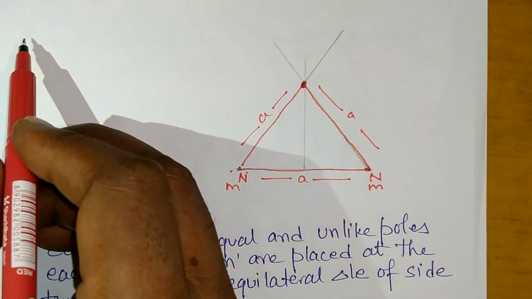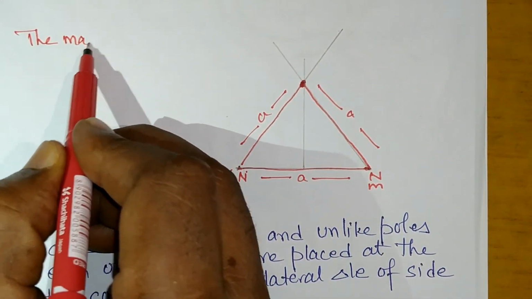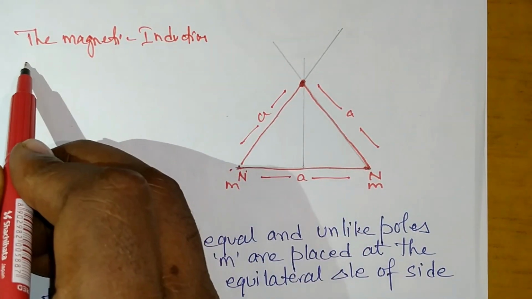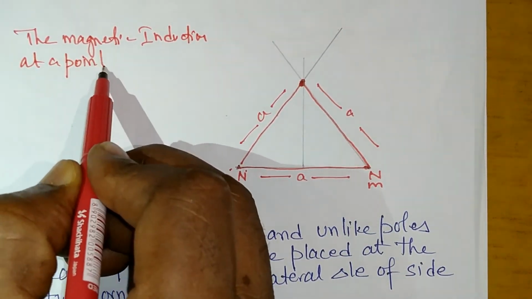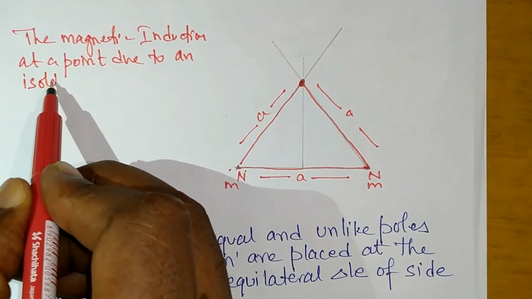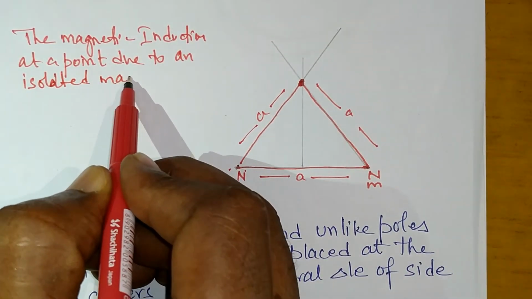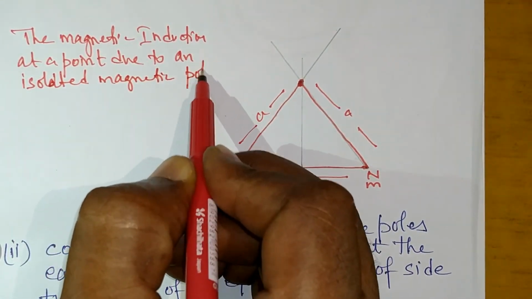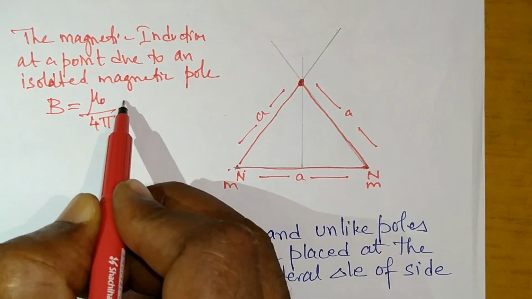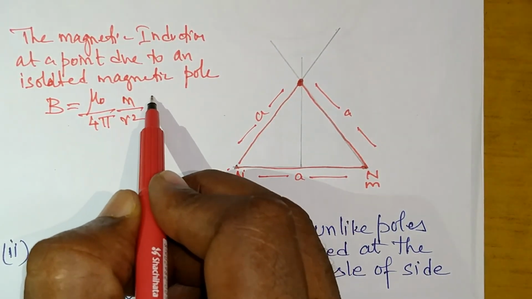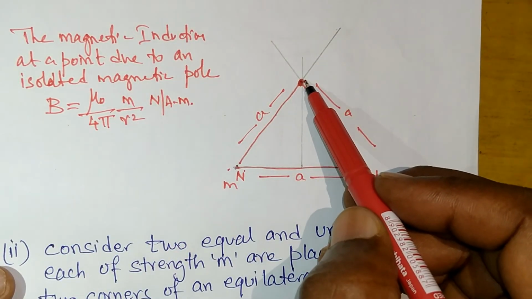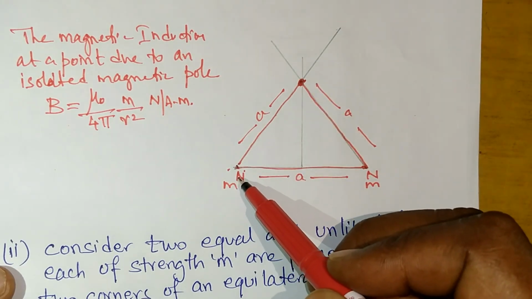In the earlier topic we discussed that the magnetic induction at a point due to an isolated magnetic pole is B equal to mu naught by 4 pi, m by r square. Its unit is Newton per ampere meter.